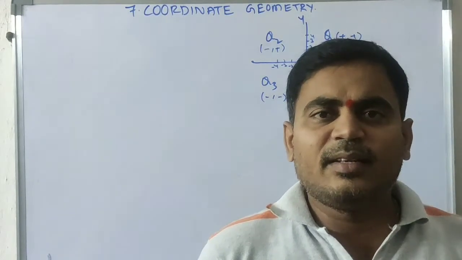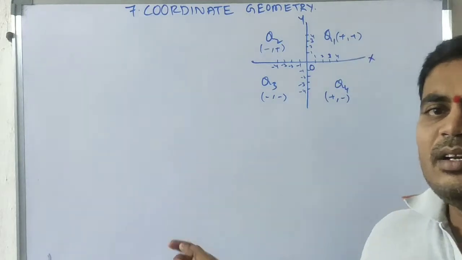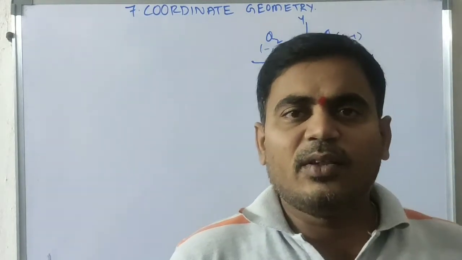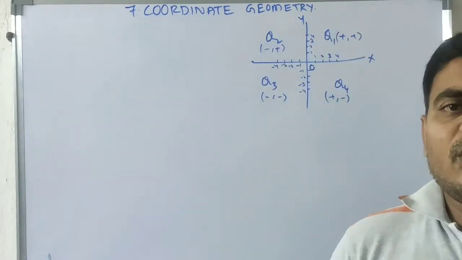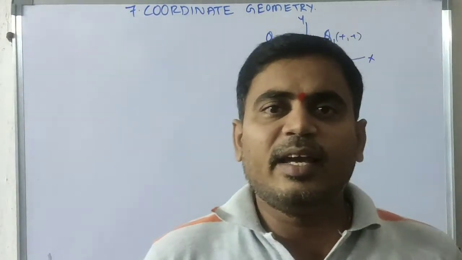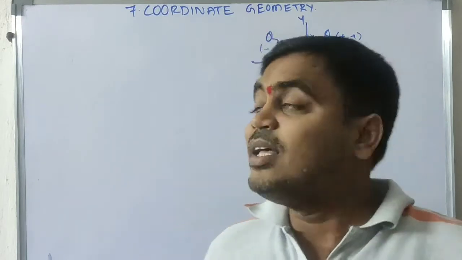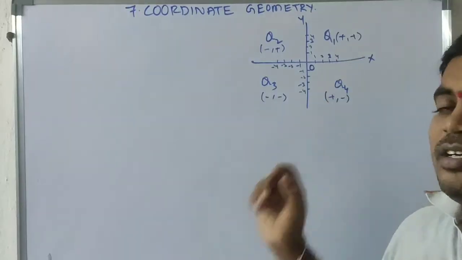Minus 2 comma minus 3: both are minus, third quadrant. 5 comma 7: both are positive, first quadrant. Like this, without representing the point, we can easily identify in which quadrant it lies, depending upon the signs of the quadrants.